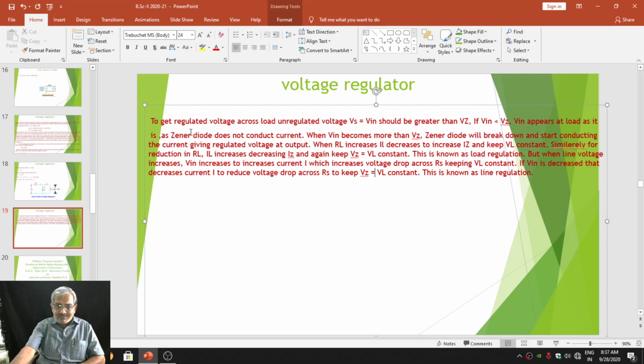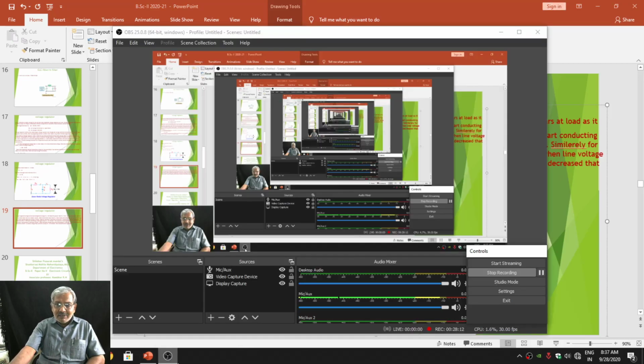Student friends, that's what you have to remember regarding the first topic, that is the rectifier, filters and the voltage regulator, with which it is possible for us to design any required magnitude power supply unit. This is all about the first topic.